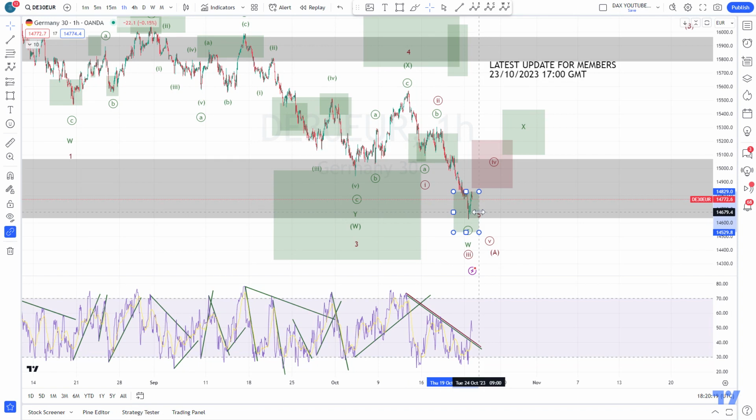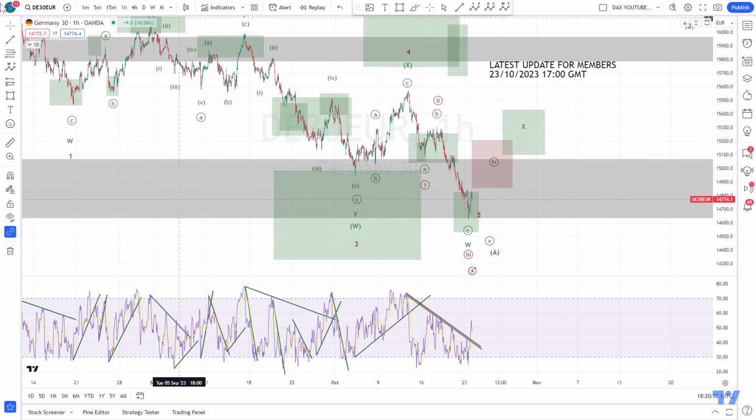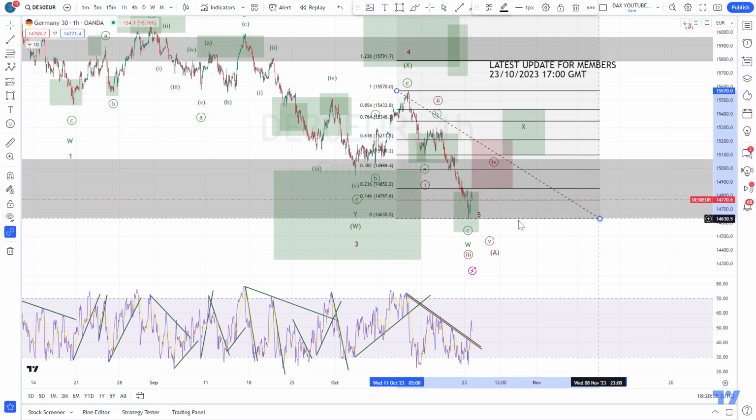So I would count this as ABC, and it means that from this area here we should see upside as a wave X here. And then the target area for this wave X becomes, if we take the length of the wave W, so assuming that this here is the low, then we should go here into the area between the 0.5 and the 0.854 FIB retracement.